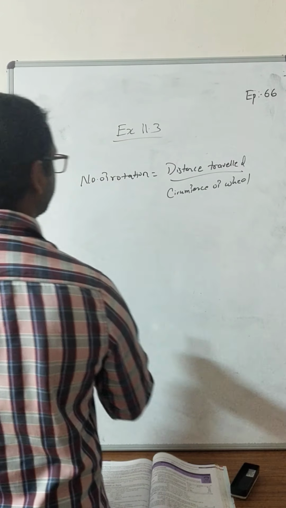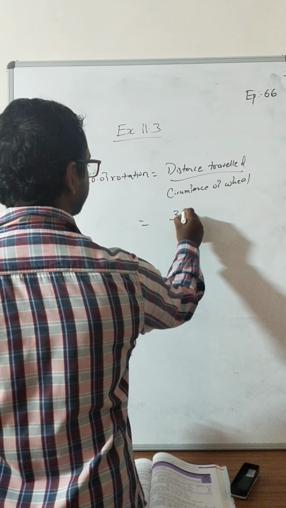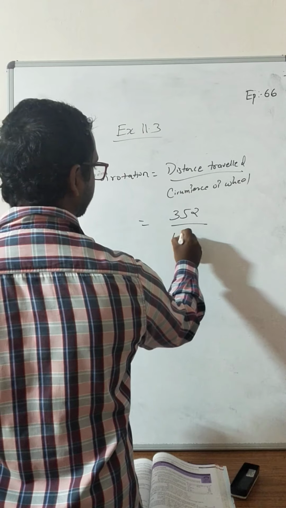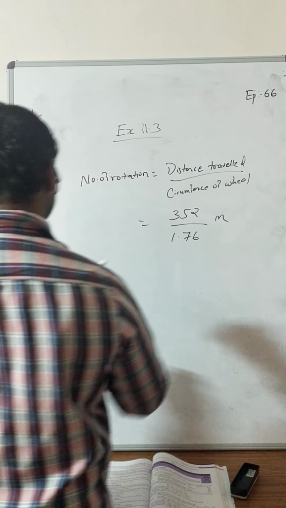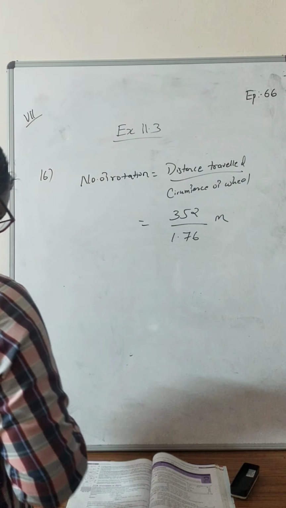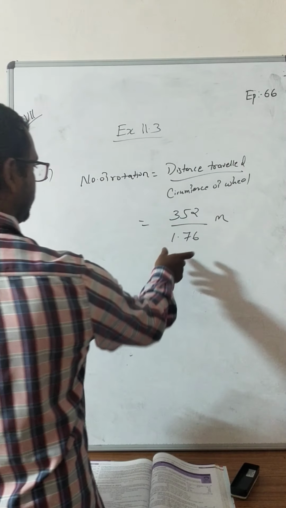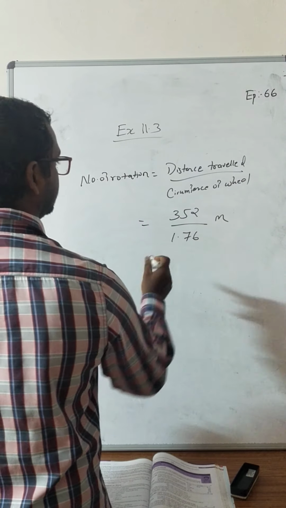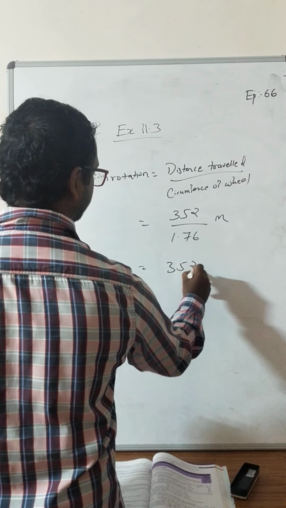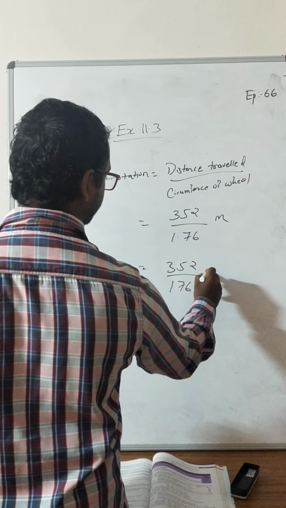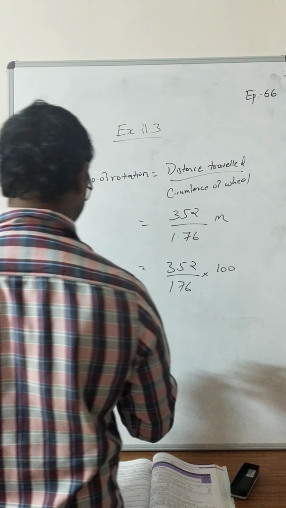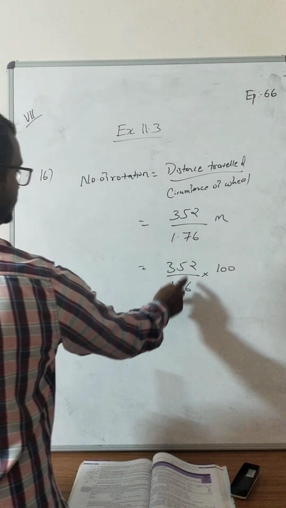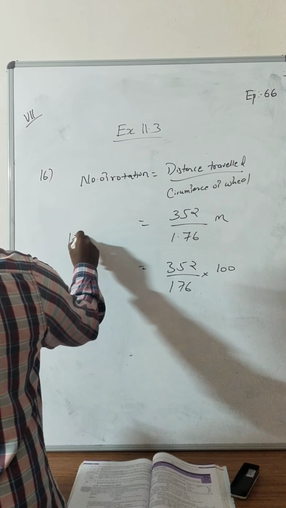Now see the formula. Number of rotations is the distance traveled, which is 352 meter, divided by 1.76 meter. So when we solve it, we get 352 divided by 176 into 100. 176 into 2 is 352.